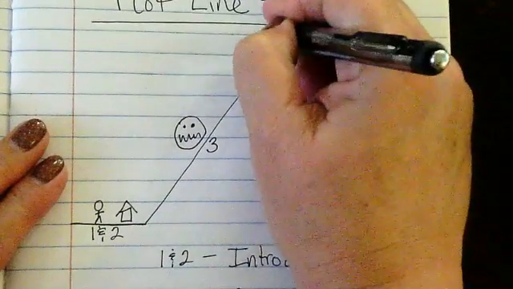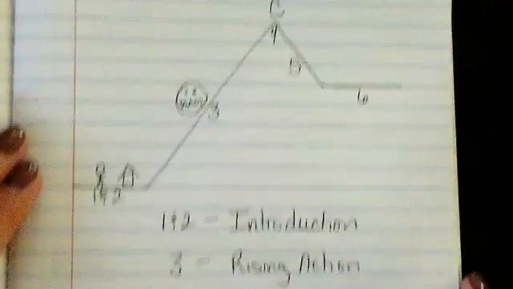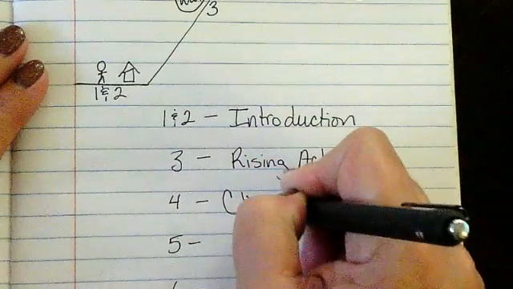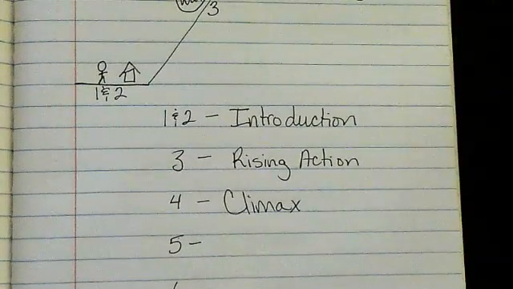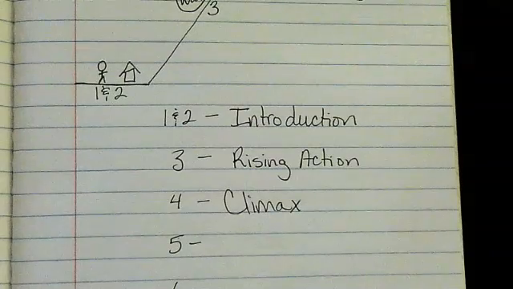Number 4 gets a C at the top, the big letter C, because 4 stands for the climax of a story. At the climax of a story, your character realizes their problem, and then they figure out a way to try and fix it, or to resolve the conflict that they were having.